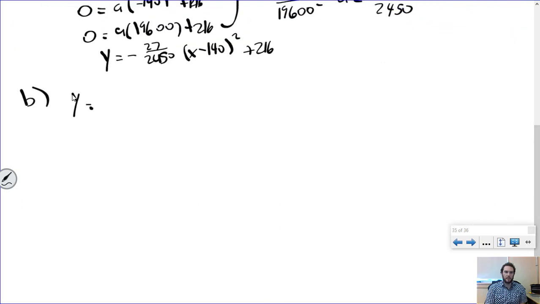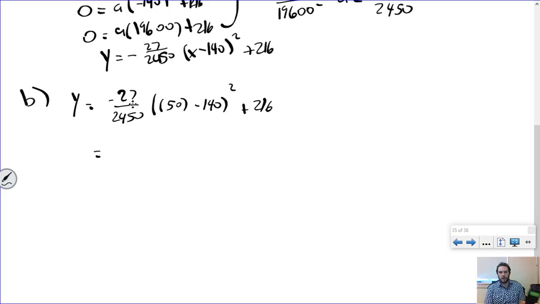So y equals negative 27 over 2450 times 50 minus 140 squared plus 216. We take the 50 and subtract it from 140. So 50 minus 140 is negative 90. We square negative 90, and then multiply that answer by negative 27 over 2450.